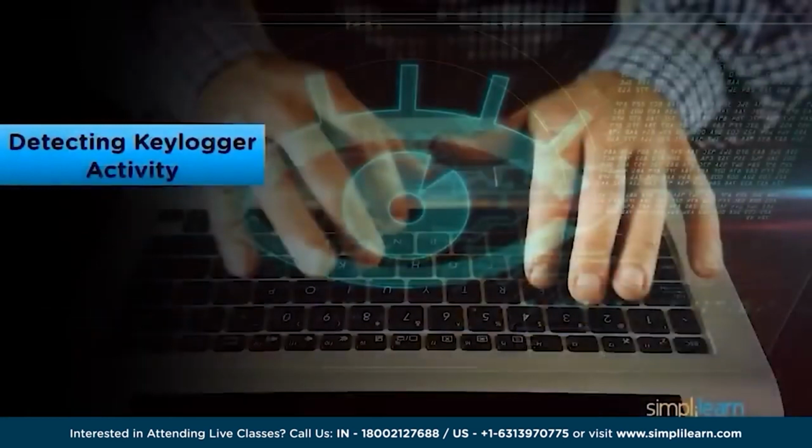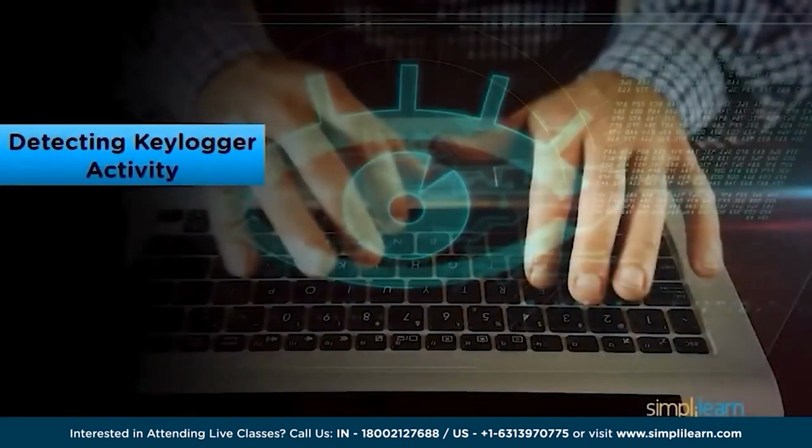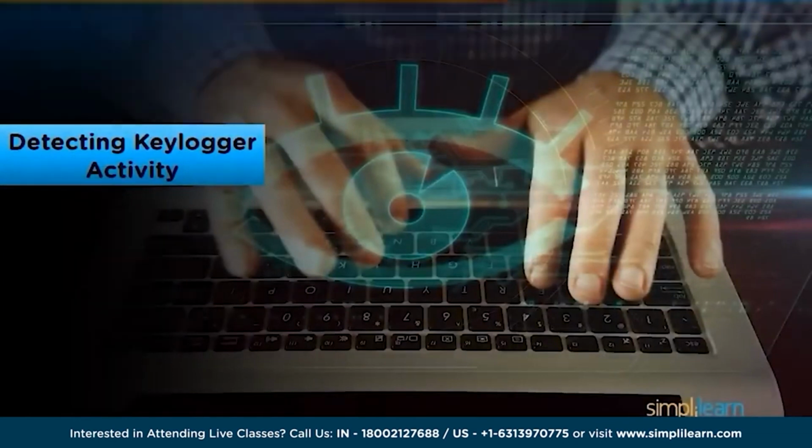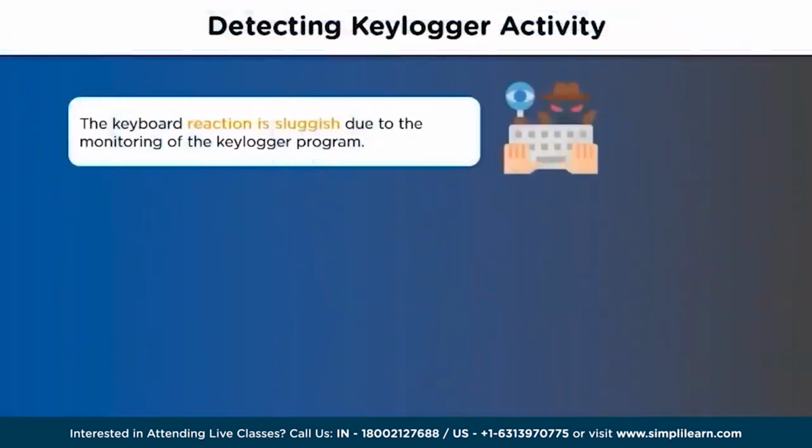Now that we know how the problem gets into the system, let's take a look at how to identify whether the system is infected by a keylogging issue. It can be identified if the keyboard often lags behind the system. The data that we enter sometimes gets stuck in between when we type.